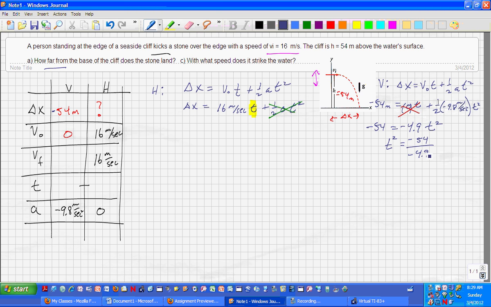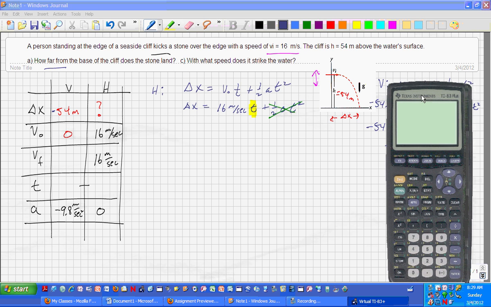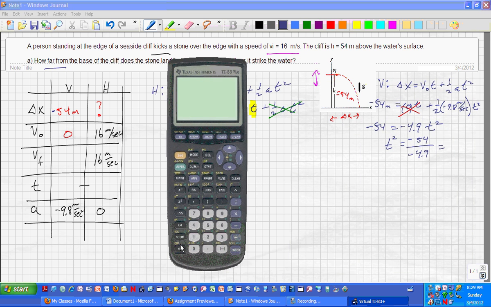Grab a calculator here: negative 54 divided by negative 4.9 is going to be 11.0.